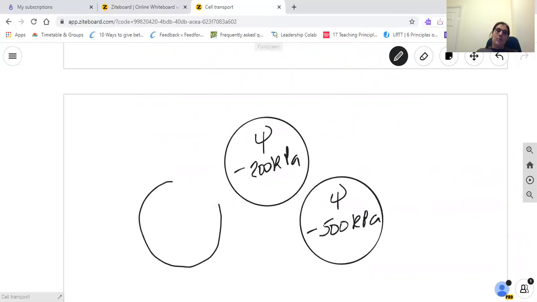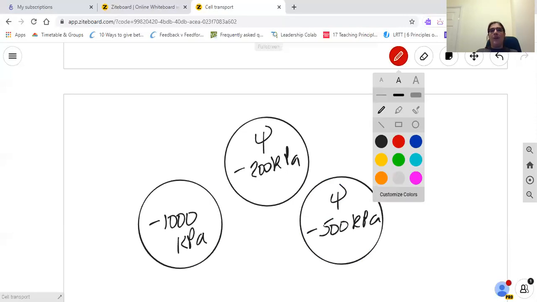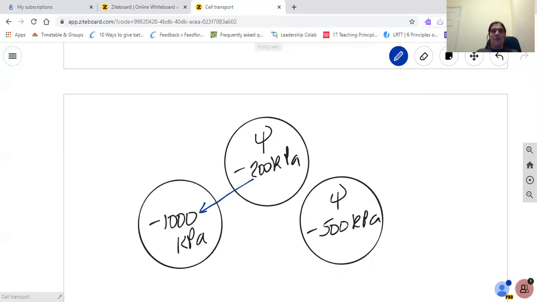That one has a water potential of minus 1,000 kilopascals. Which direction will water move? So water will always move from a higher water potential to a lower one. So it will move from minus 200 to minus 1,000, from minus 200 to minus 500, and from minus 500 to minus 1,000, until they're all equal.